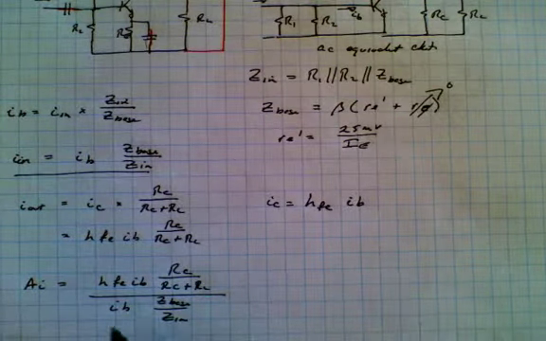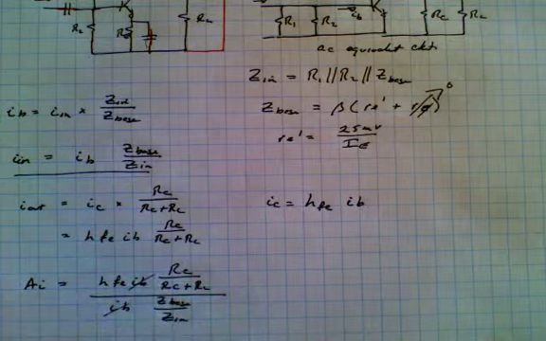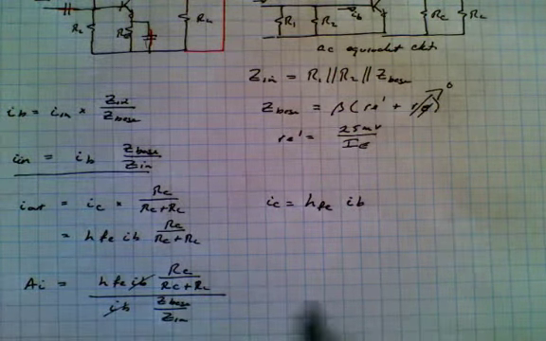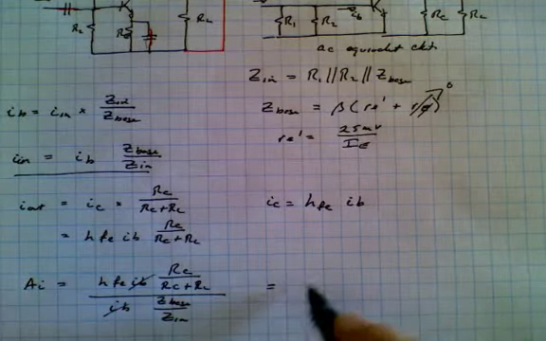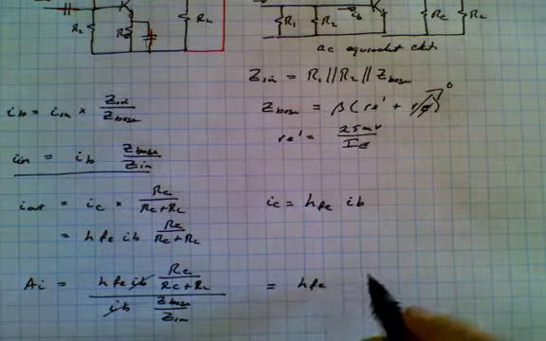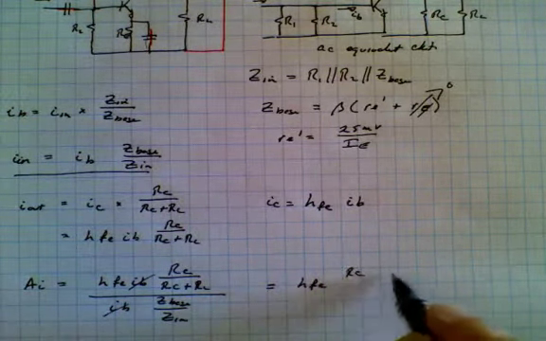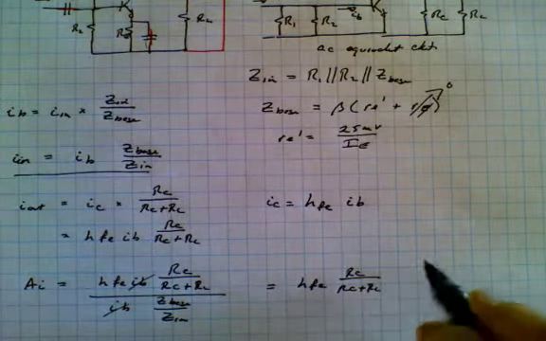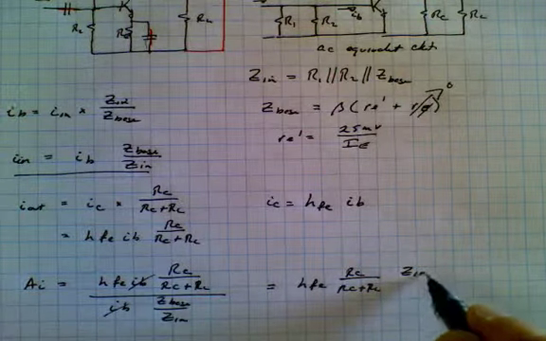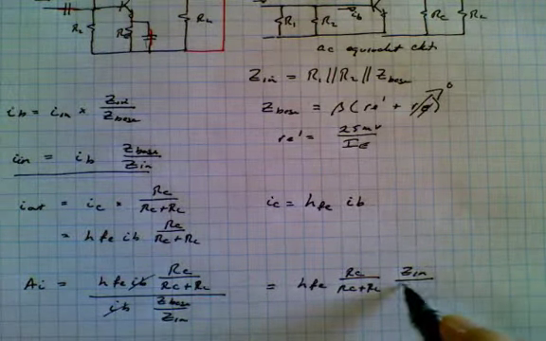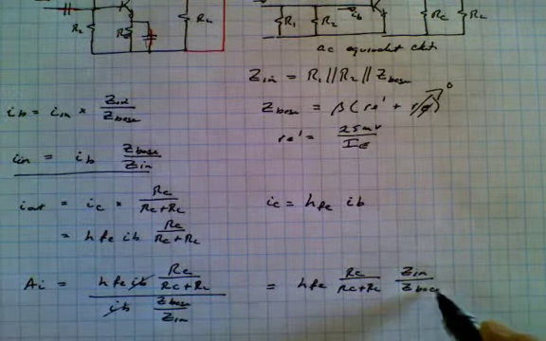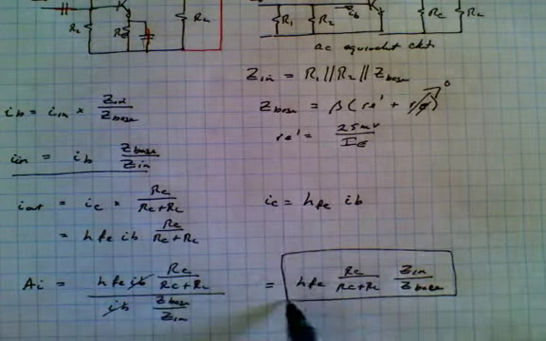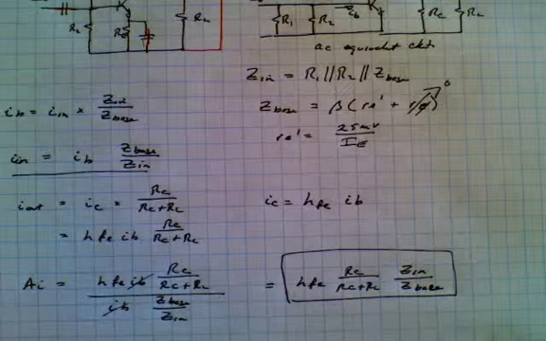Now right off the bat you can see that the IBs cancel out. And of course we can flip this over and bring this up to the numerator. So what we end up with is HFE times RC divided by RC plus RL times Z in divided by Z base. And here is the expression for AC current gain.